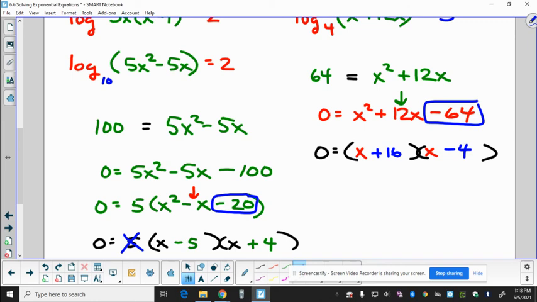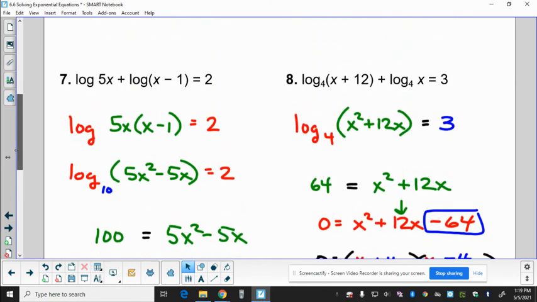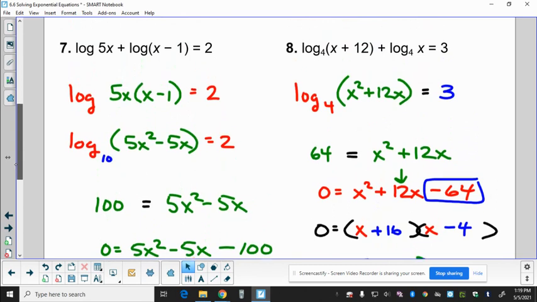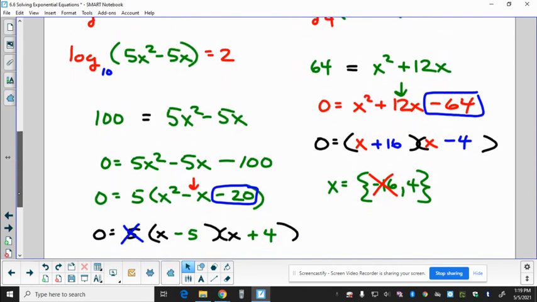So, let's see, our final answer, negative 16 and 4, but we need to check those. Let's try that negative 16 up here first of all. That's no good. Let's try the 4. That's okay, so that would be our answer.